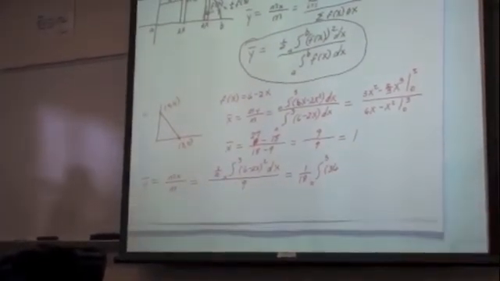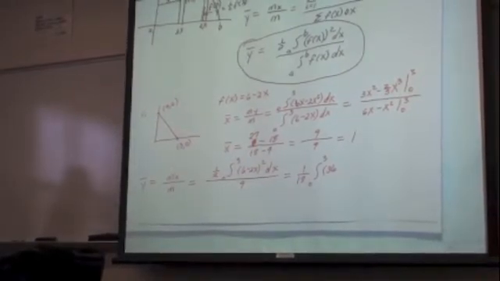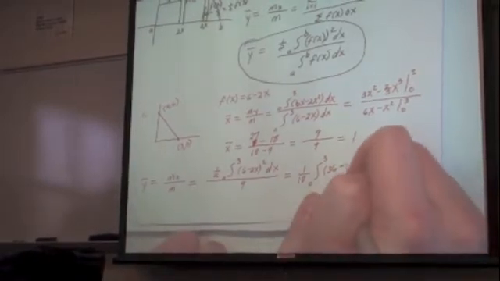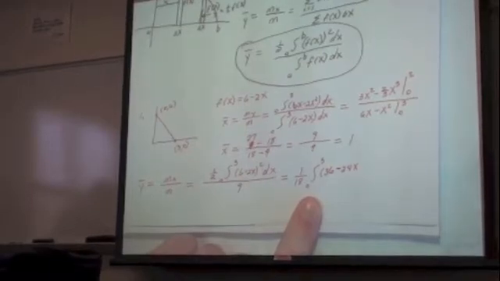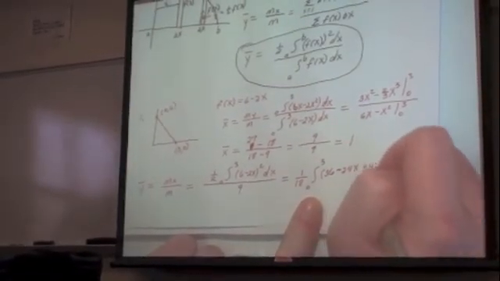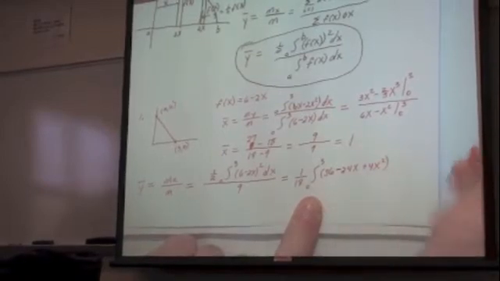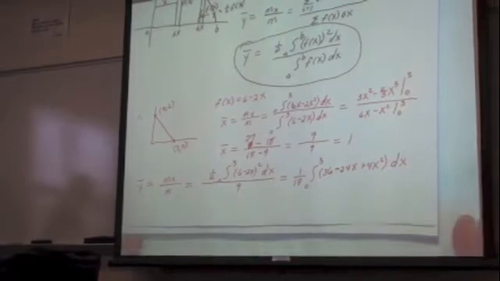Then it would be 6 times negative 2x is minus 12x. Then you'd have another minus 12x for a total of minus 24x. Then you would have negative 2x times negative 2x for plus 4x squared. That's all of that squared out. Now we're integrating with respect to x.